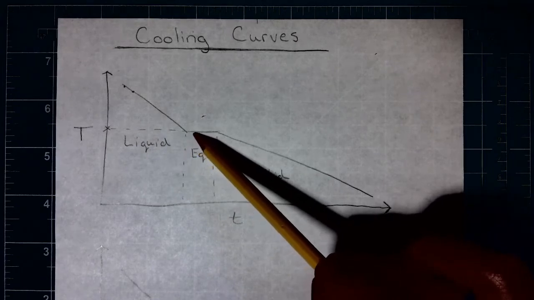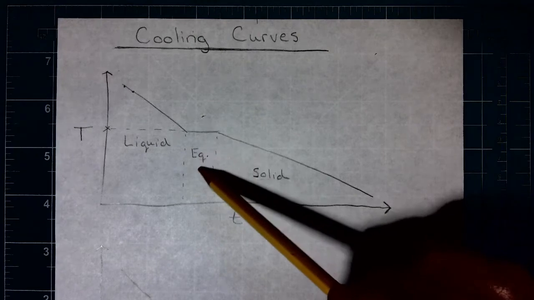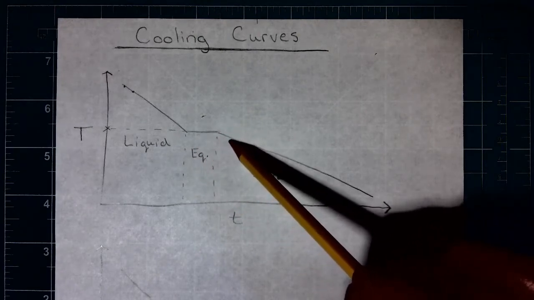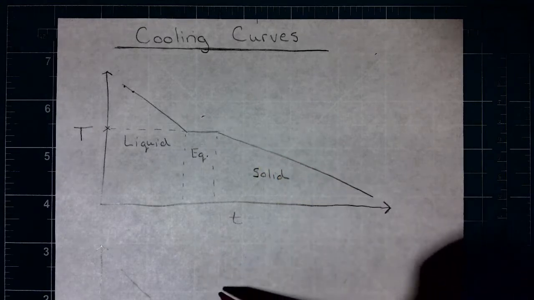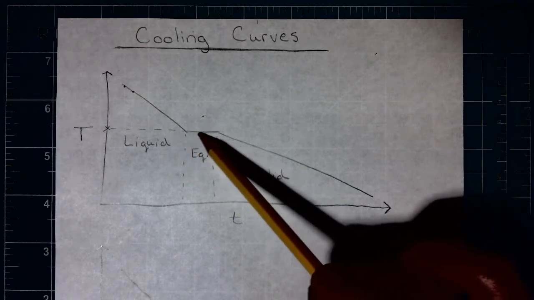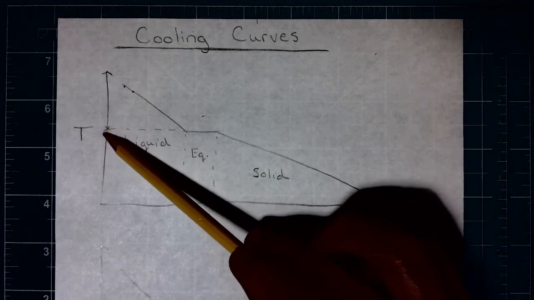Eventually, it's going to plateau out. At this point, solid and liquid are forming and exist in an equilibrium. And then eventually I'm going to get all solid, and then that solid is going to continue to cool down. This temperature that corresponds to this plateau, if I trace it back over here, is going to be our freezing point.